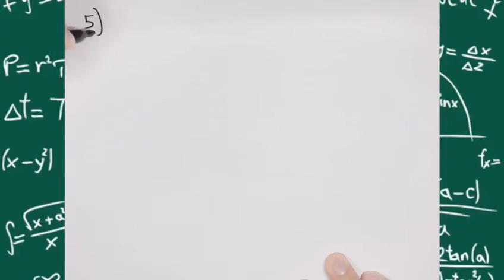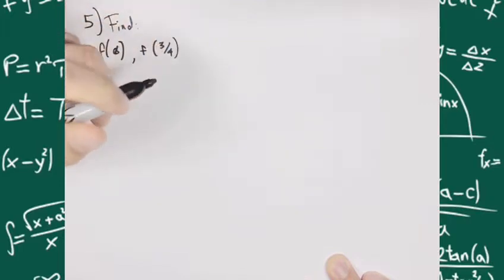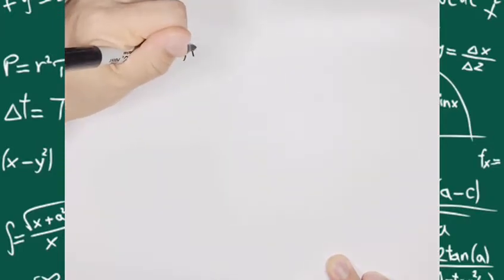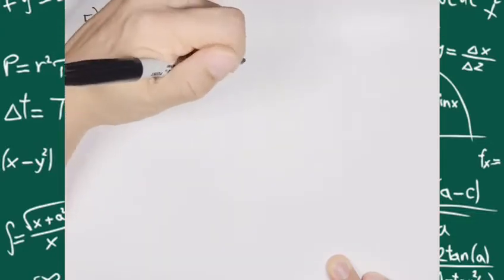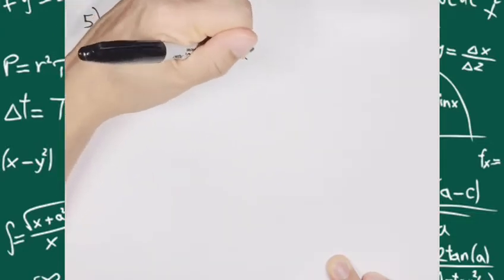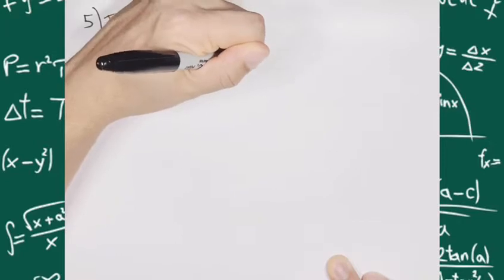We're going to do now a mid-level exercise of plotting points in a function. In this case, they're going to again give us a series of plot points: f of 0, f of 3/4, f of minus x, f of 1 over x.